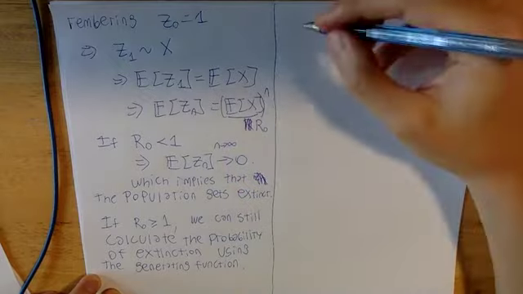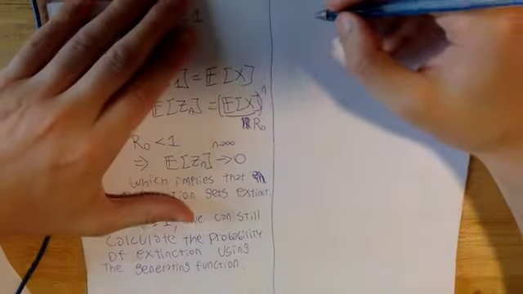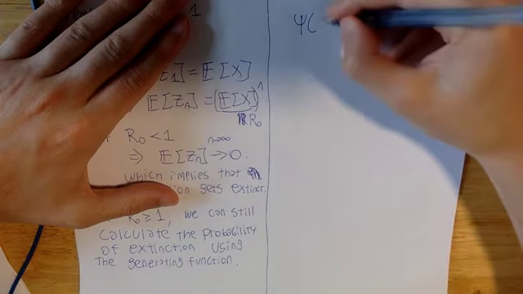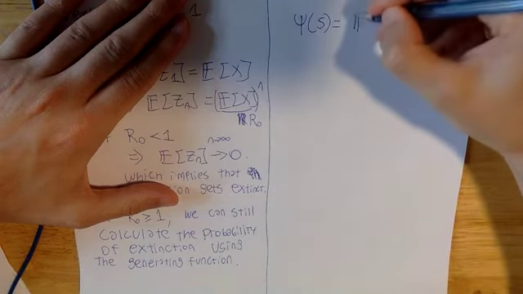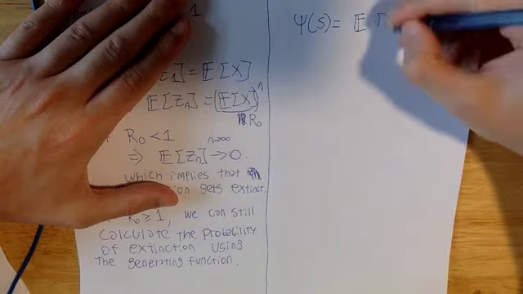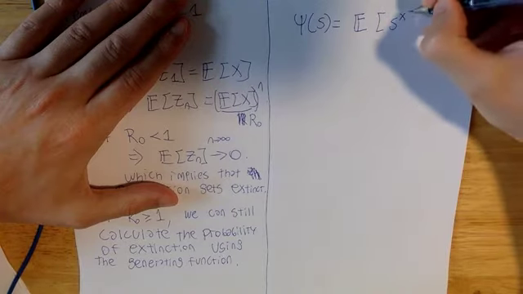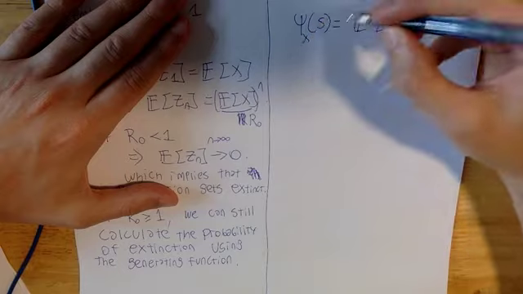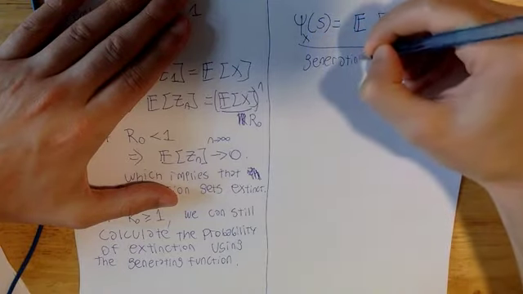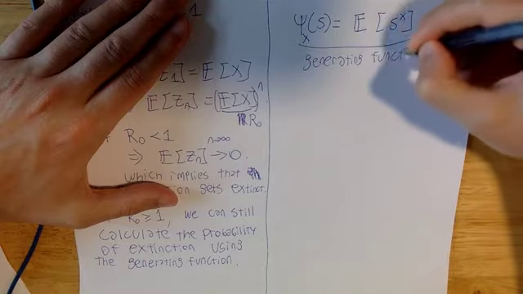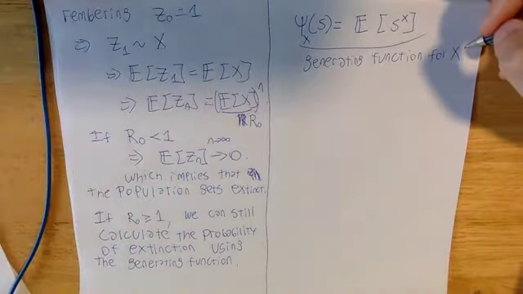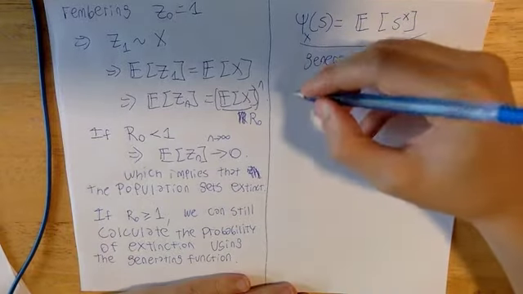Okay, so here we're going to take the notation psi of s is equal to the expectation of s to the X. This is the generating function for X. So what are the properties?